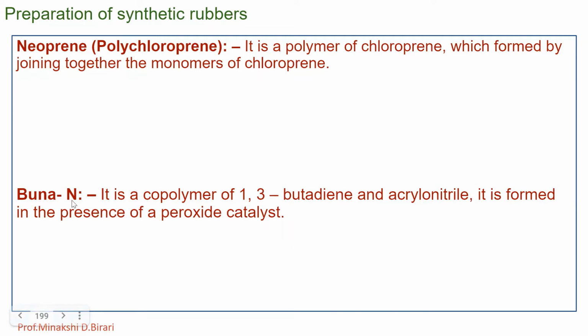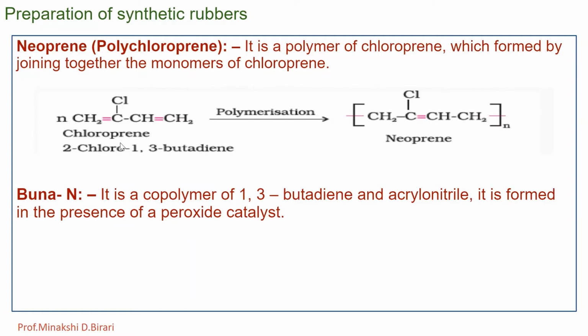It is a copolymer. Next, neoprene, that is polychloroprene, is a polymer of chloroprene, formed by joining together the monomers of chloroprene. So what is that reaction? Here chloroprene, that is 2-chloro-1,3-butadiene, undergoes polymerization to give neoprene, which is the polymer of chloroprene.